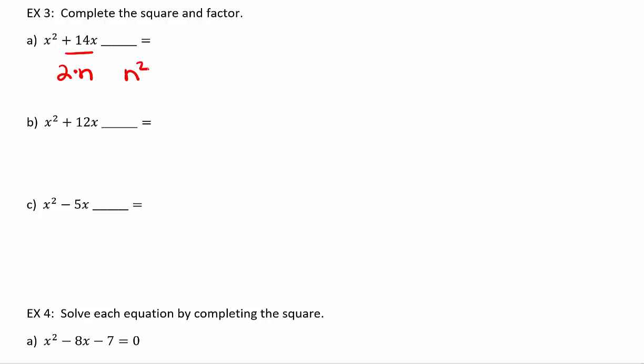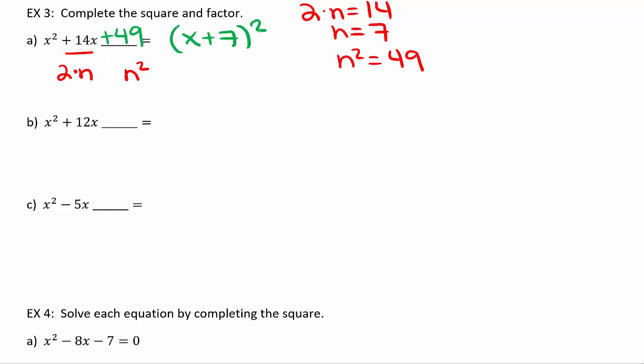Well, the pattern is the middle term is 2 times the number, and the last term is the number squared. So in this case, if my middle term is 14, that number, the n, is 7, and n squared is 49. So if I add 49, this is now a perfect square trinomial, and I can factor it as x plus 7 squared, x plus n squared.